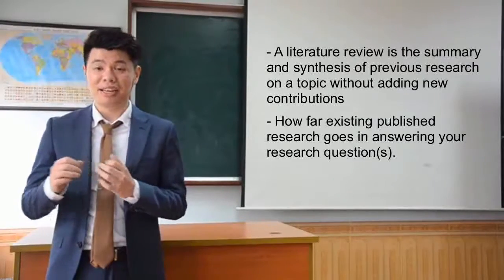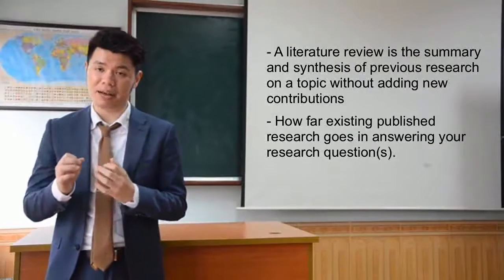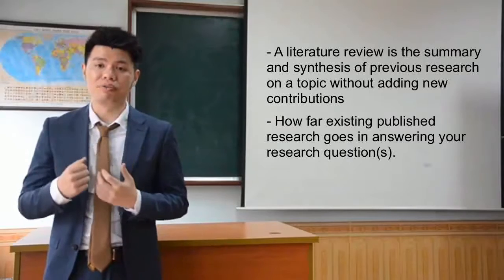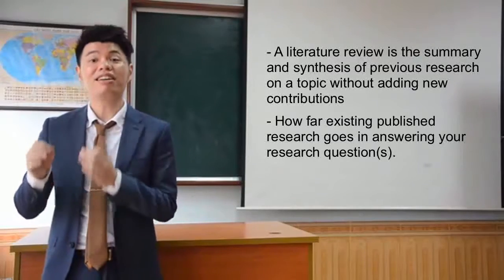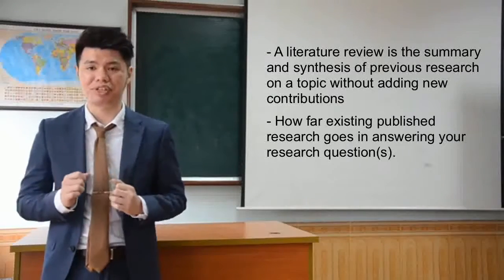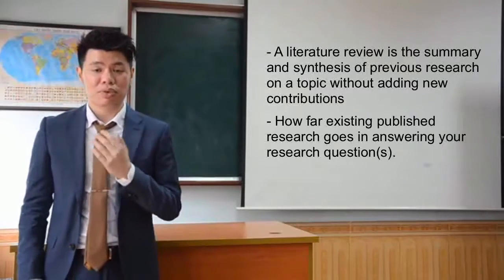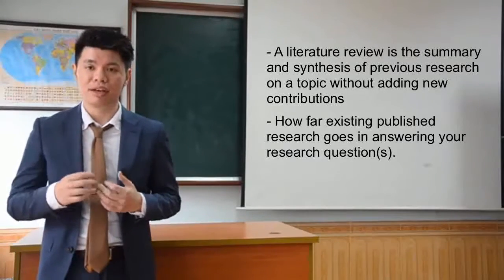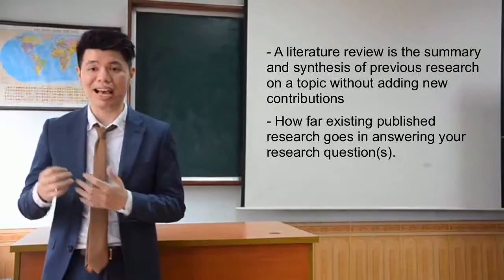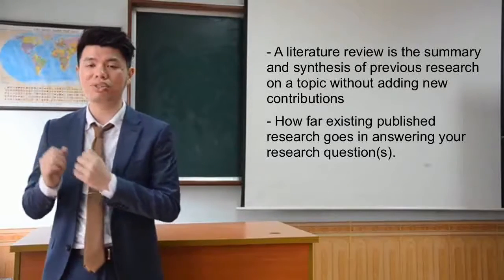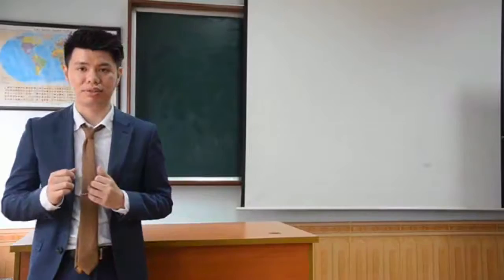Chapter 3 is dealing with the very first step when you carry out your research. This is about how to review the literature. A literature review is the summary and synthesis of previous research on a topic, without adding new contributions. Think of your literature review as a discussion of how far existing published research goes in answering your research questions.